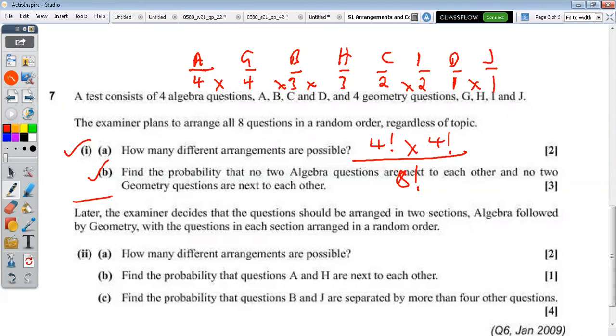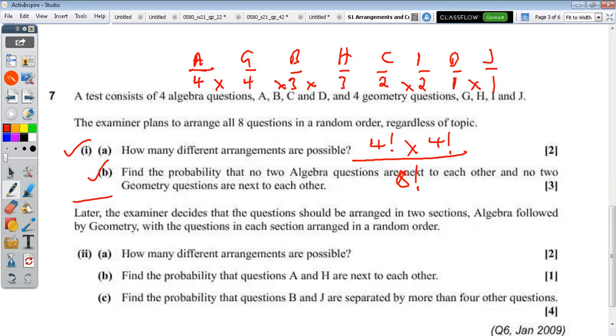How many different arrangements are possible? So they basically want algebra first, followed by geometry, with the questions in each section arranged in a random order. Well, there's 4 questions in each section, and there's 8 questions in total.